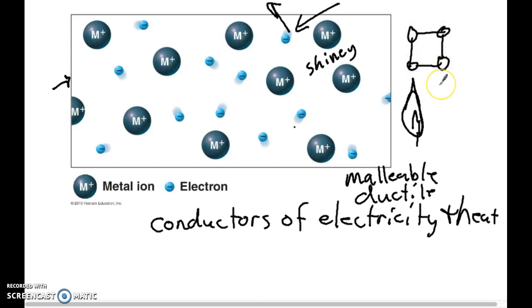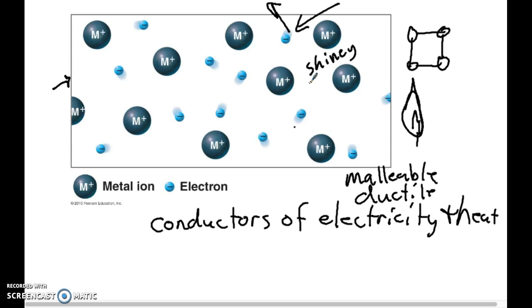If you were to hit it, it just shatters into little pieces. On these, since the electrons are kind of moving around in here anyhow, it allows them to be flattened or stretched out into wires without losing their shape, because this fluidness based on these electrons going through here allows them to slide into place and not be destroyed, okay?